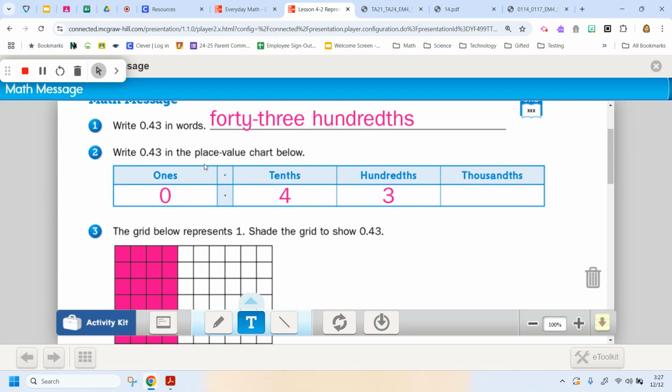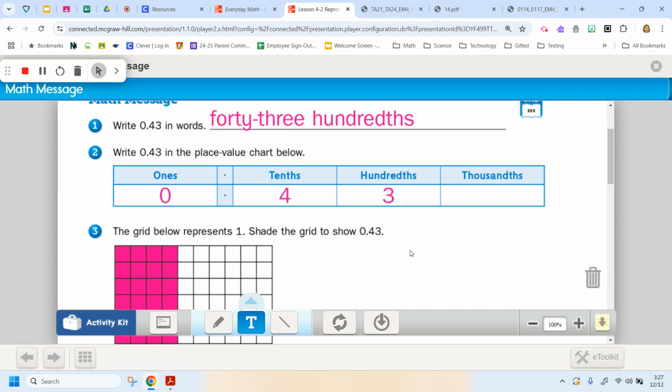Then you're filling in the place chart. So we had 0 ones, we had 4 in our 10th spot, and we had a 3 in our 100th spot. We had nothing in our thousandths spot, so we are not filling in anything in our thousandths box. And that's why we call it 43/100ths, because it ends in our 100th spot.